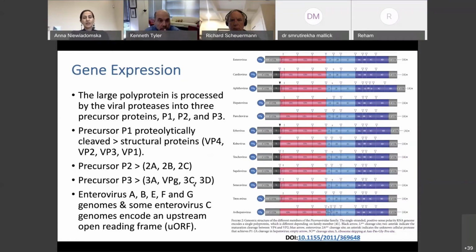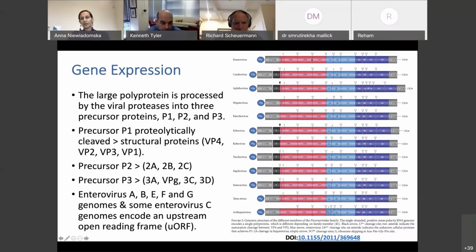So one thing I just wanted to mention before we move on is that while these different Picornaviridae genera have a similar structure, of course, if you're looking at your own virus of interest, it's going to differ slightly. And if you look here in this picture on the right that I've pulled from this publication, it'll give you an idea of the various differences between them.